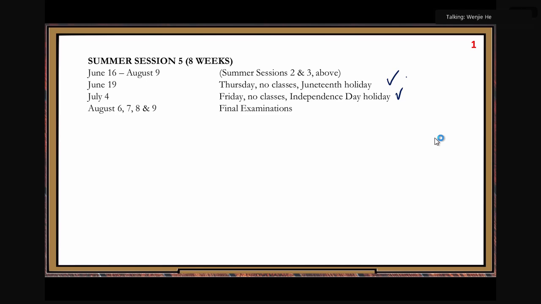Because last year, summer 24, I lost 1 class to June 19. Because sometimes it could be Monday or Wednesday. If it is on Monday or Wednesday, then we cannot have a class on that day, so we will lose 1. And even 1 class is very big for this short semester.